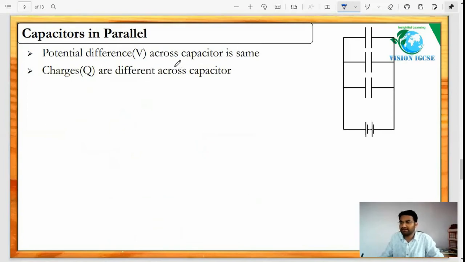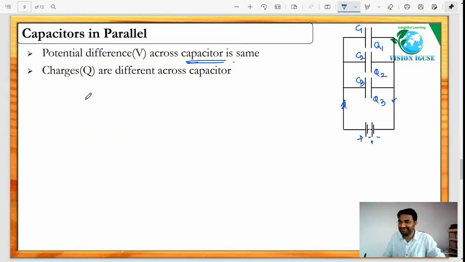So the potential difference across the capacitors in this case is the same. Let's say here I will name them C1, C2 and C3. Okay, and here in this case positive, negative, positive, negative, right? And the charges are different. It means the charge at C1 is Q1, the charge at C2 is Q2, and the charge at C3 is Q3.